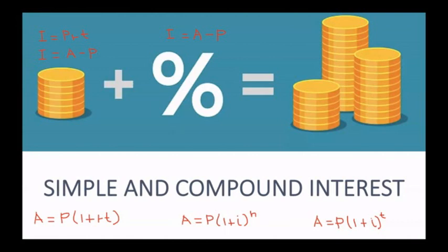For example, if you apply the interest rate on the principal monthly, the number of periods in a year is 12 because it's monthly. If it's semi-annually, how many periods do you have in a year? Two. So the number of periods will be affected by that, and also by the number of years.